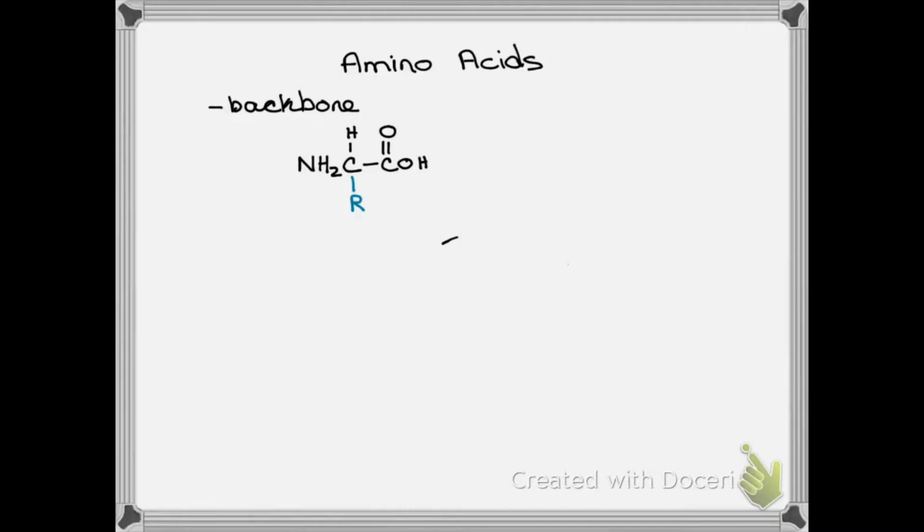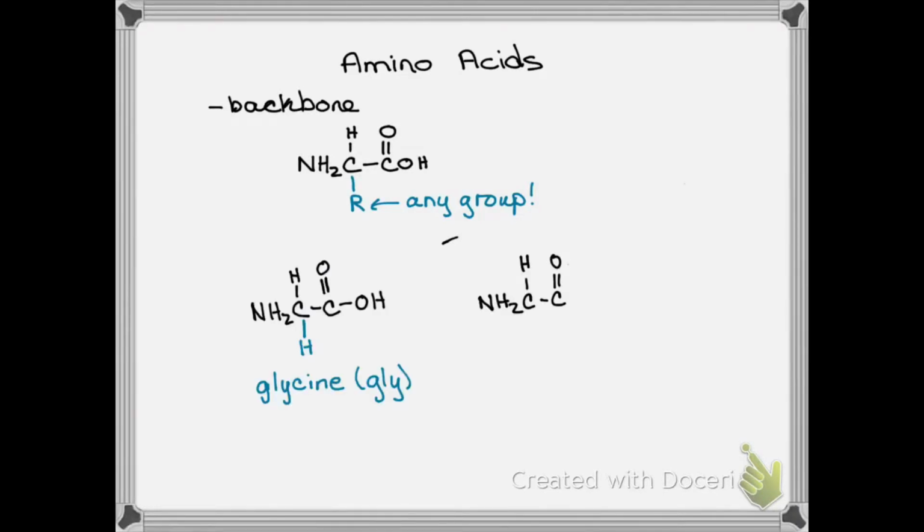And I know you guys don't like this, but I'm going to put R there, and all R means, remember, is anything. So it could be a hydrogen, it could be a methyl group, it could be any organic group.